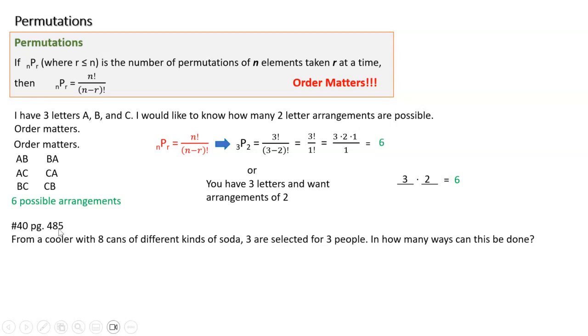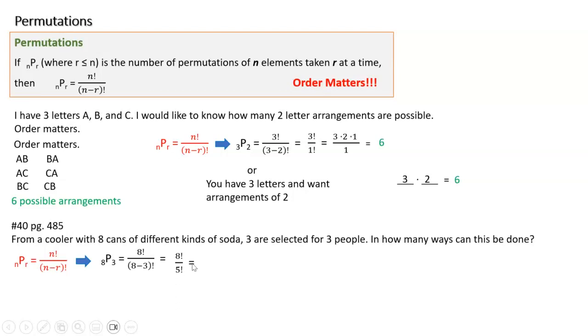Now, this is number 40 on page 485. It says from a cooler with 8 cans of different kinds of sodas, 3 are selected for 3 people. In how many ways can this be done? By using the permutation formula, it's going to be 8P3, which will give us 8 factorial divided by (8 minus 3) factorial.